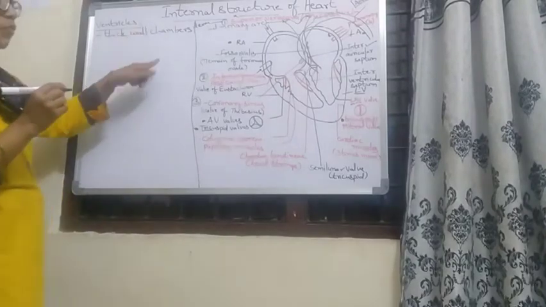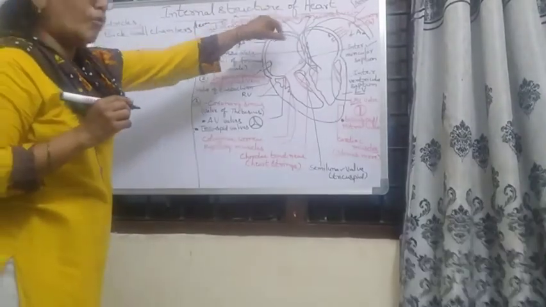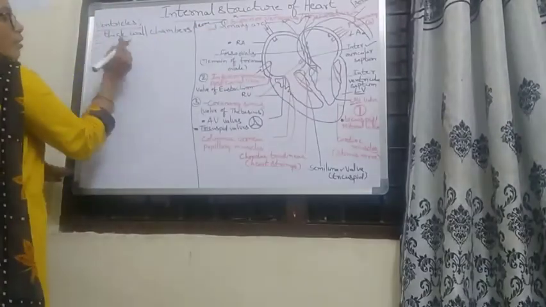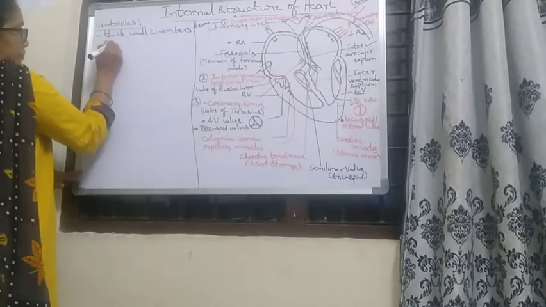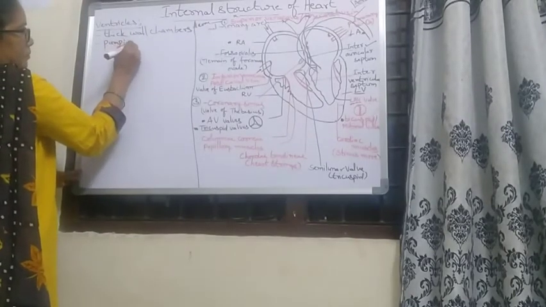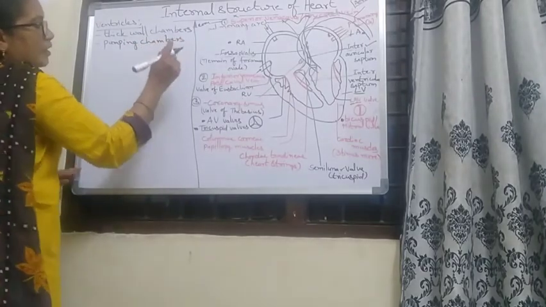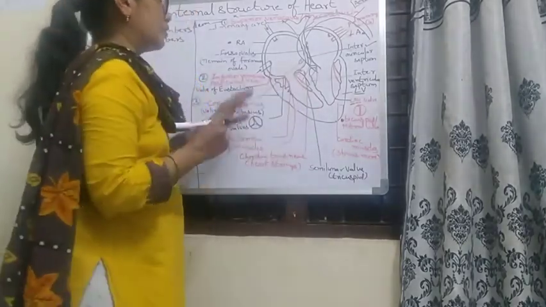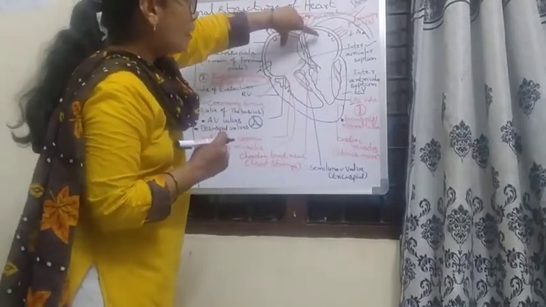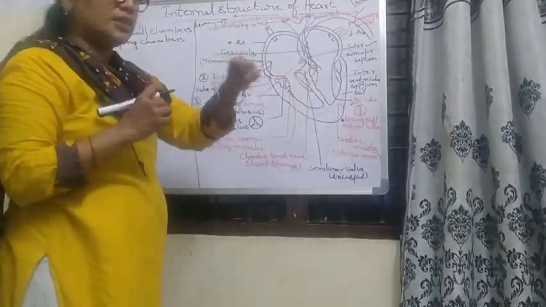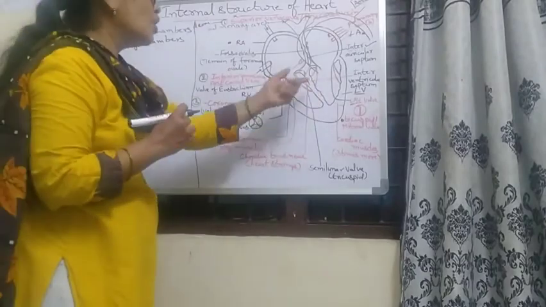They have thicker walls than the auricles. They are pumping chambers, meaning they pump the blood by contraction. The atria are receiving chambers, and these are pumping chambers.